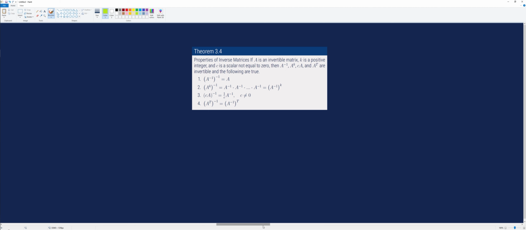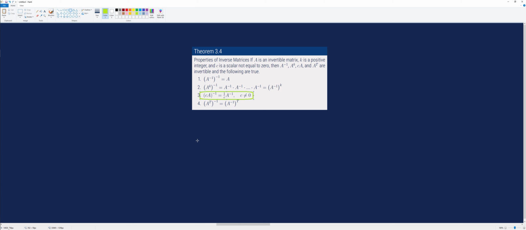The first one is this: the inverse of the inverse of the matrix is equal to the original matrix. This one: the inverse of A to the K is equal to the inverse to the K power.